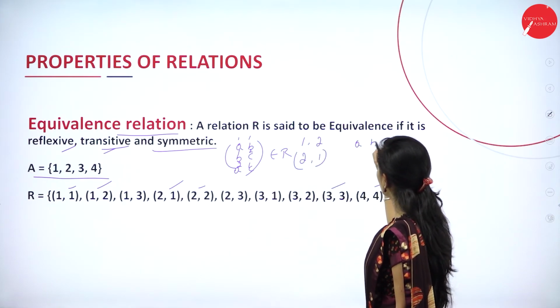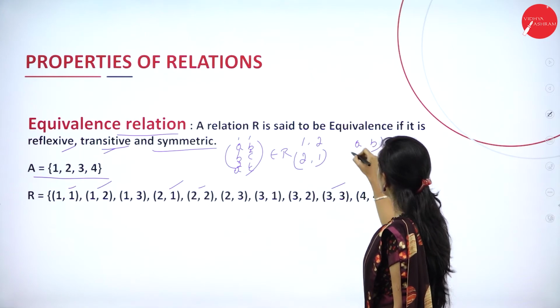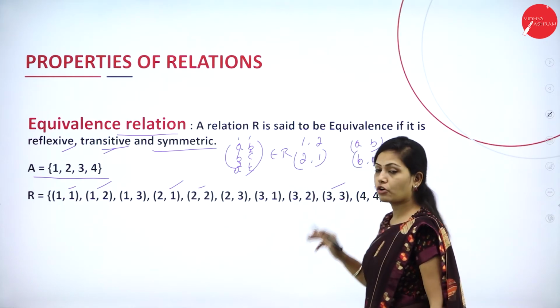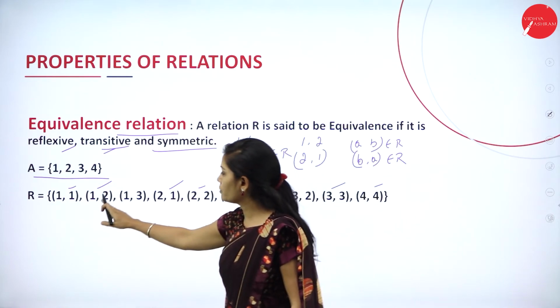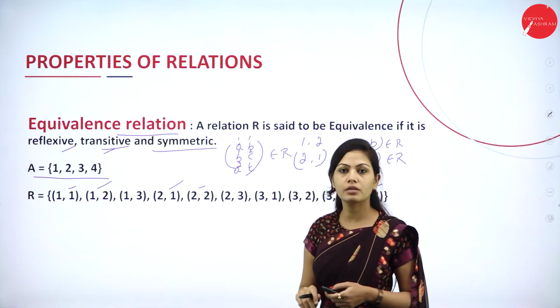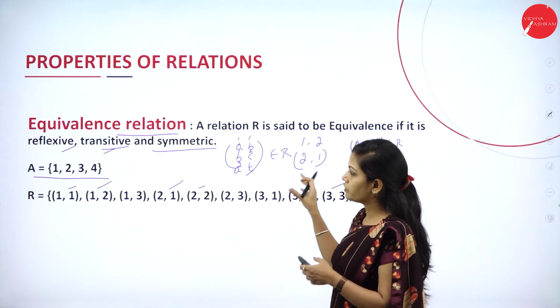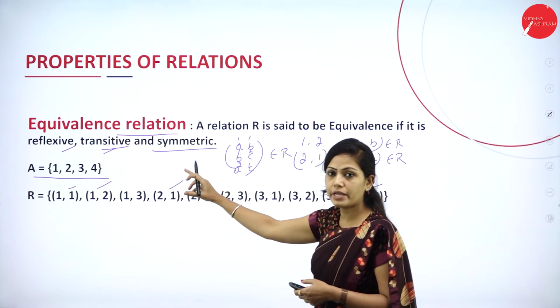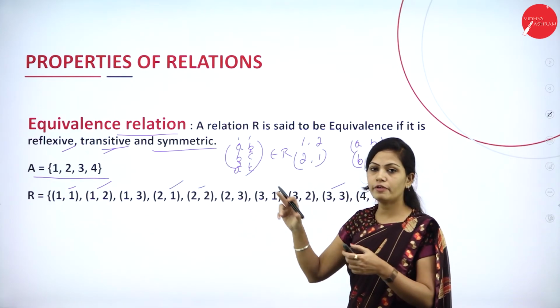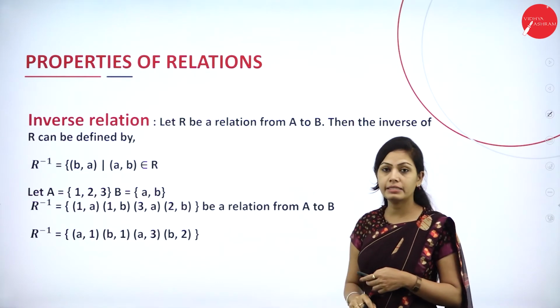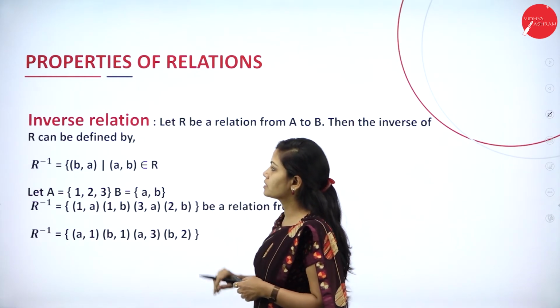So (a,b) belongs to R and (b,a) also belongs to R, then we can call it symmetric. So (1,2) and (2,1) satisfy the symmetric relation. If the condition satisfies transitive, reflexive and symmetric, then we can call it an equivalence relation.